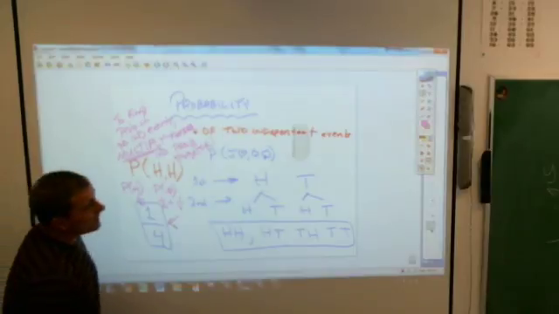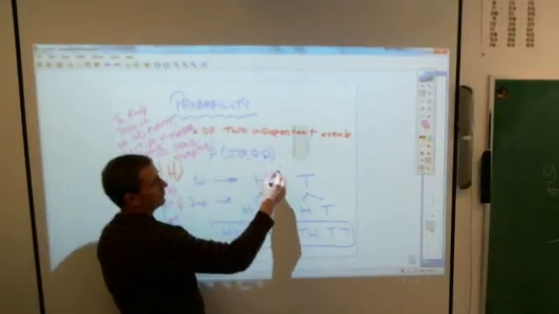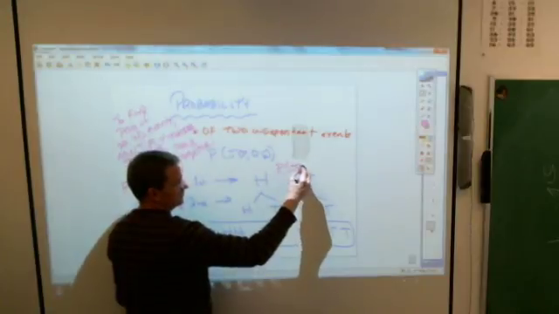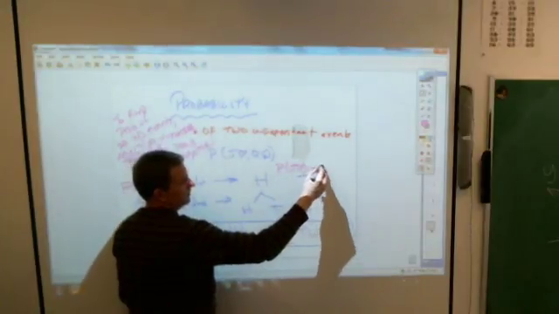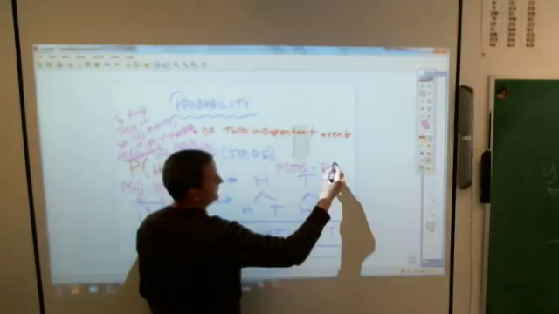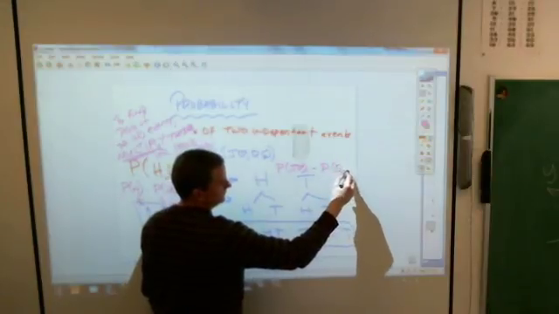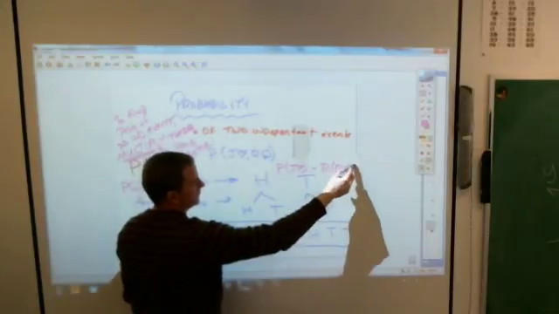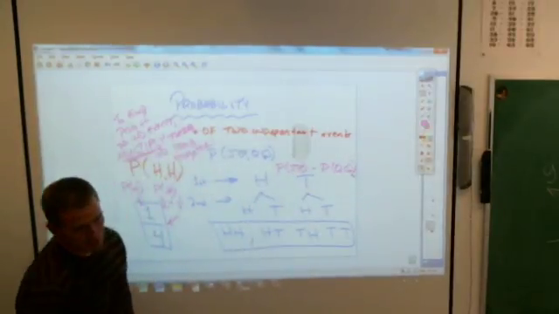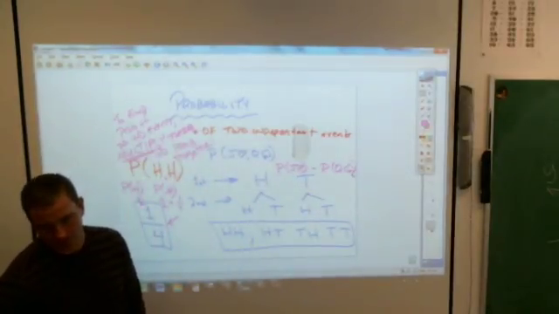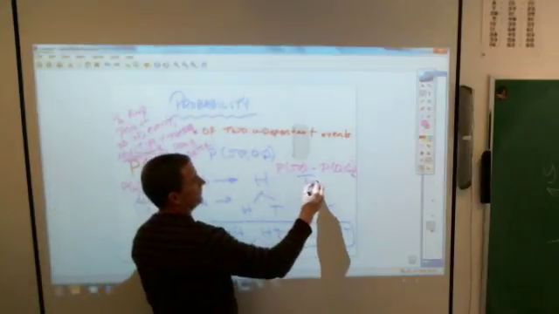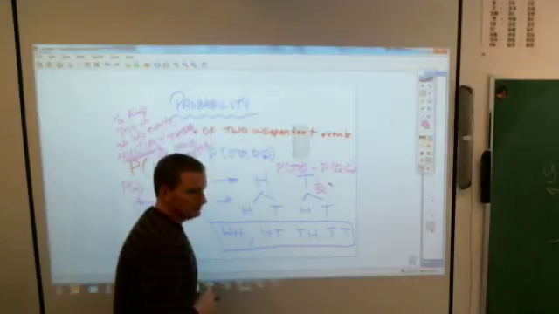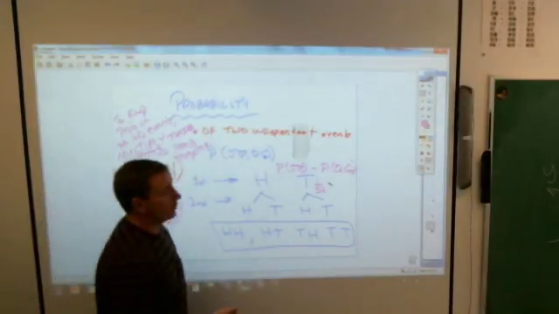So if you're doing the cards, you would take the probability of getting the Jack of Hearts and multiply that by the probability of getting the Queen of Spades. Well, what's the probability of getting the Jack of Hearts? How many Jack of Hearts are there? How many cards are there? 1 out of 52. What's the probability of getting a queen? 1 out of 52.